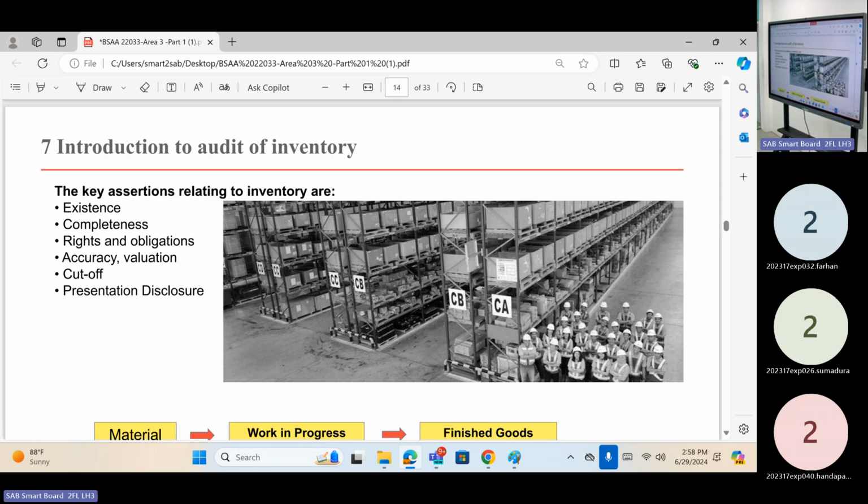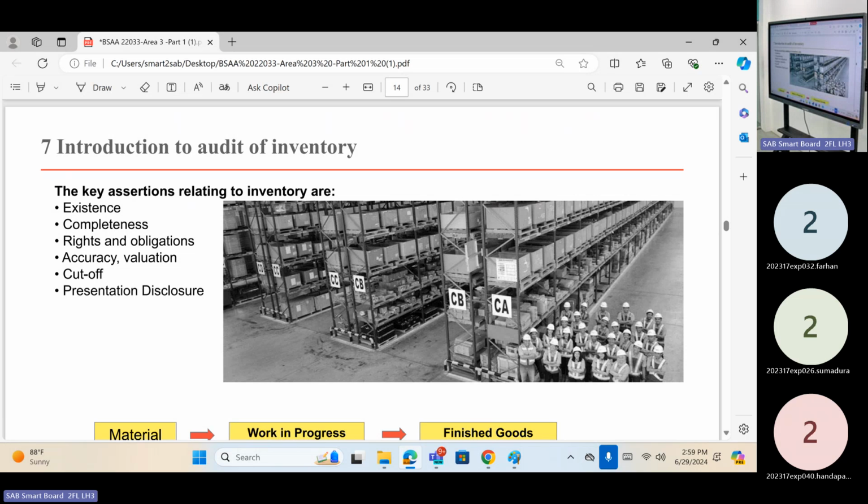And then, the inventory is an asset. Among the different assertions, existence, completeness, and valuation may be the risky assertions, right? Completeness is whether we have captured all the inventory items relevant for this particular year. That's a very crucial part.